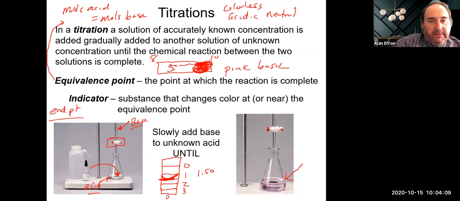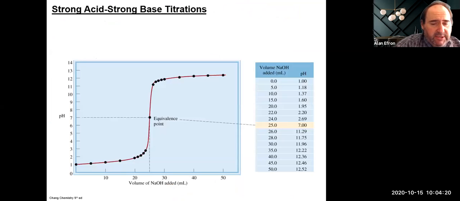All right, so we're going to talk about, like I said, 3 different titrations. The first type of titration we're going to talk about is a titration of a strong acid with a strong base.